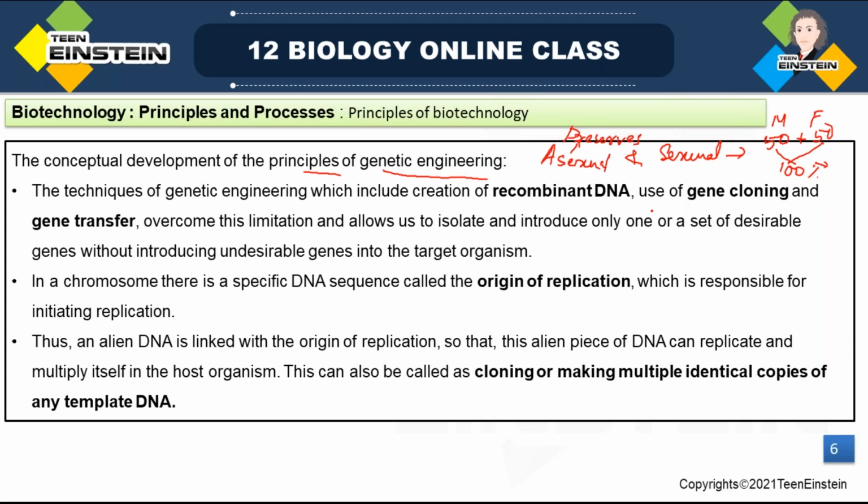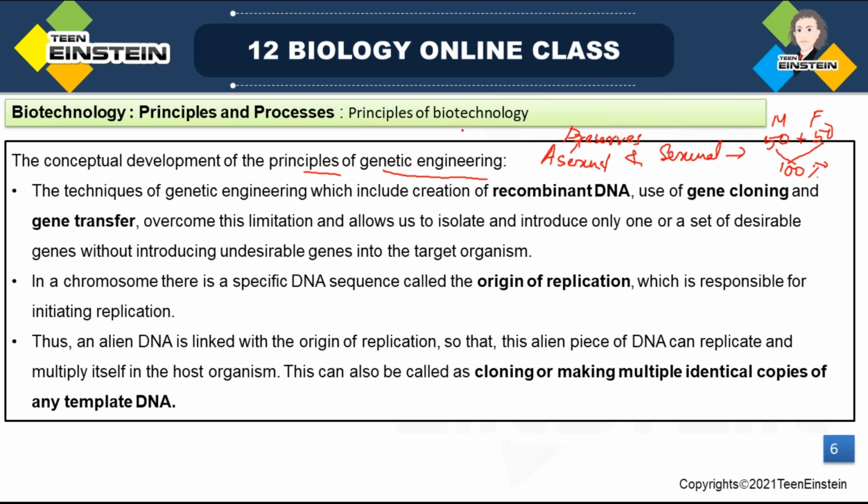In asexual reproduction, there are no changes; the genetic information is passing exactly from parent to offspring. But in traditional hybridization, along with the useful genes, other genes which are not at all useful are also passing to the next generation.